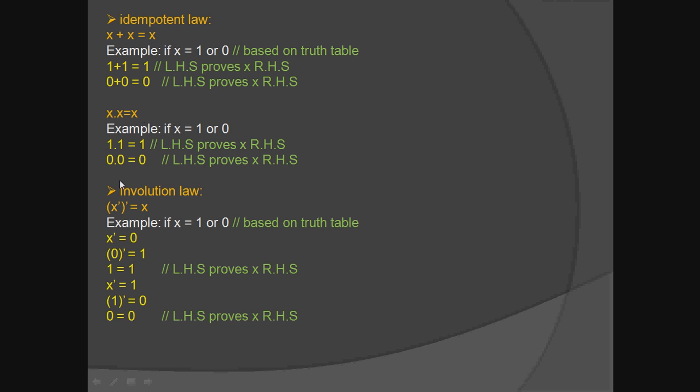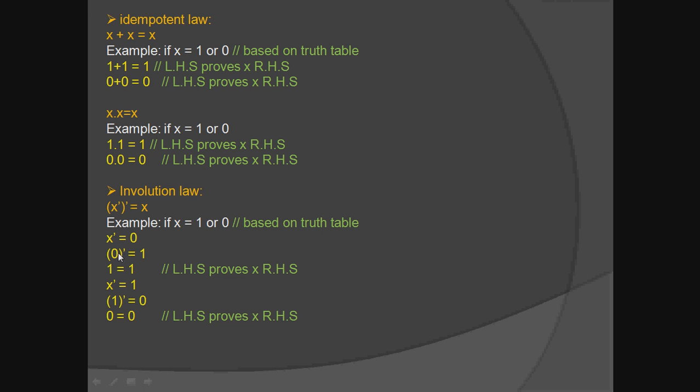Okay. So here, involution law. Now this proves that the inverse of x inverse equals x. For example, if x equals 1, you know that the inverse of x, x inverse, equals 0, right?